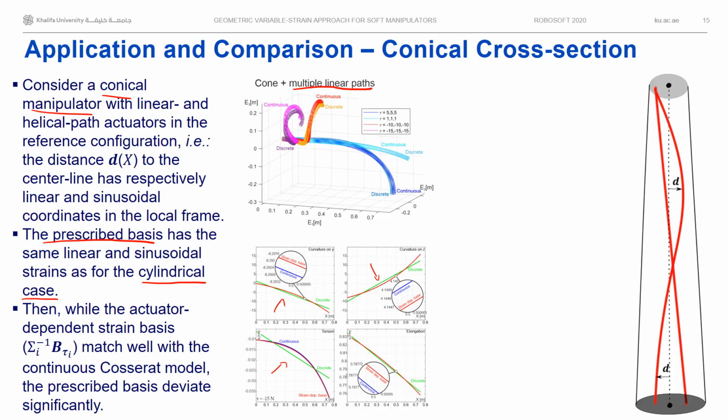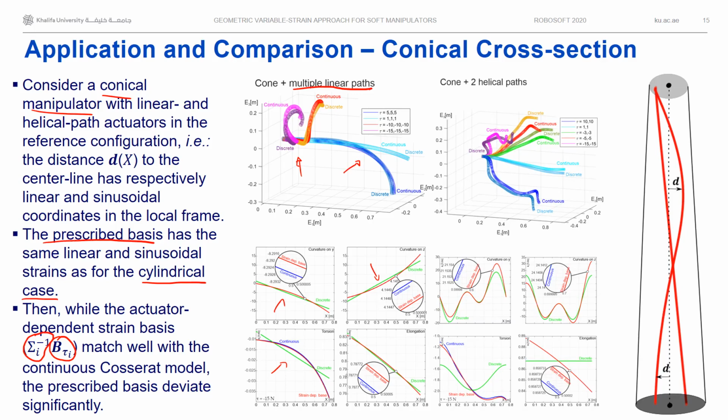So the linear prescribed basis of the generic geometric strain approach struggles to match the shape of the manipulator, as can be observed here. On the other hand, the strain basis of the trivialized approach, which depends not only on the actuator design but also on the rod stiffness, perfectly matches the continuous Cosserat shape.